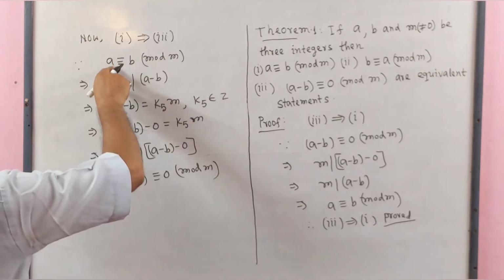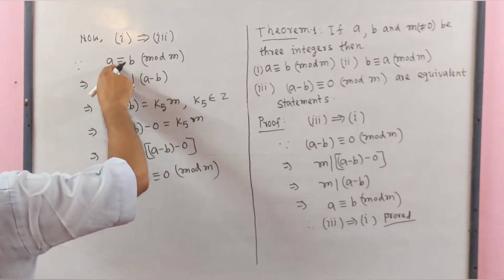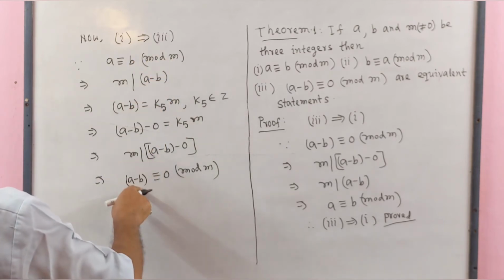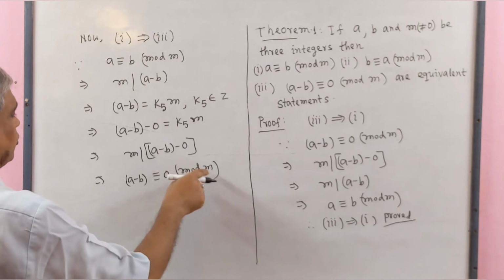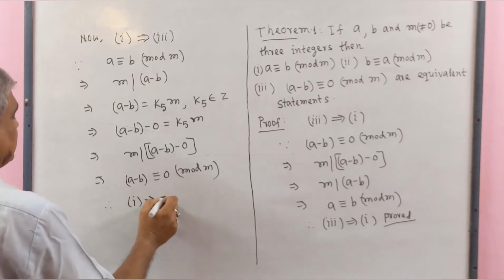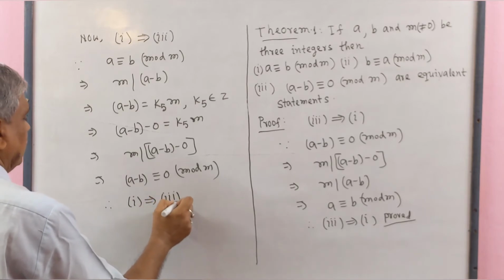Therefore, in 1 we have a congruent to b modulo m, and in 3 a minus b congruent to 0 modulo m. Therefore, 1 implies 3. Proved.